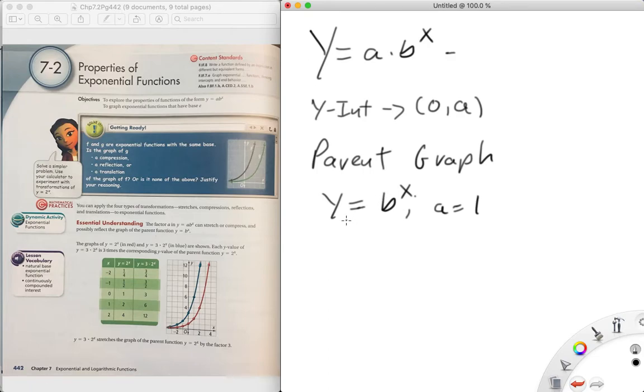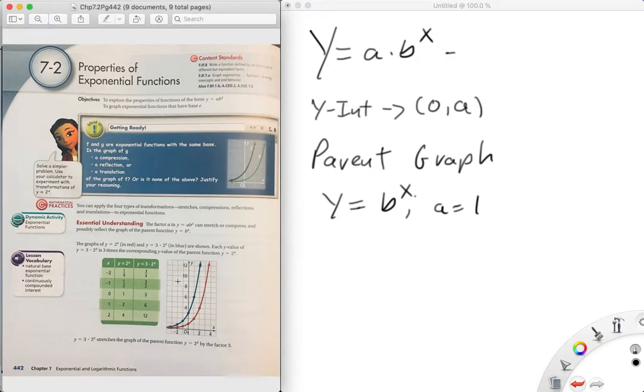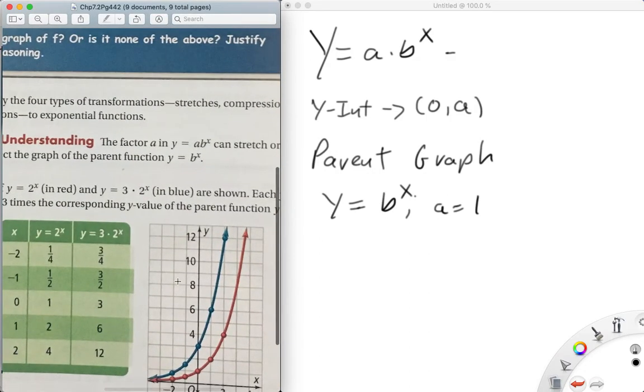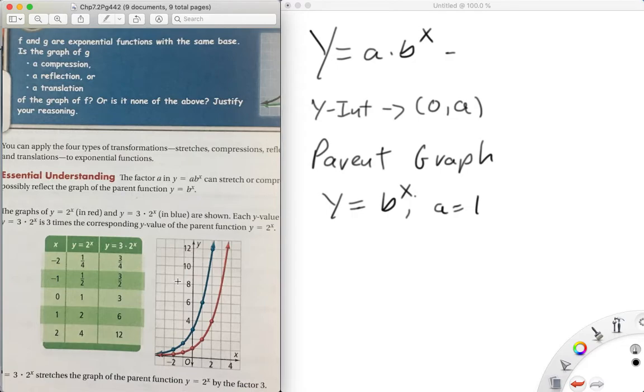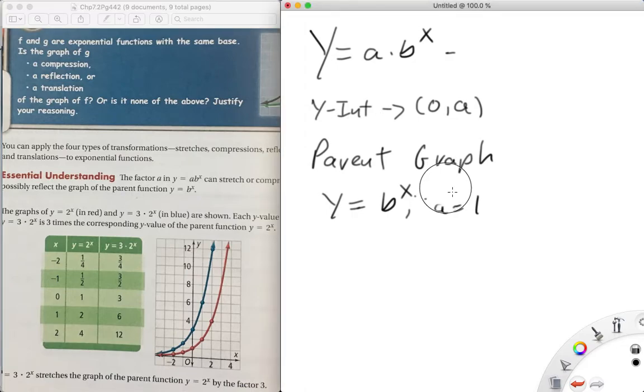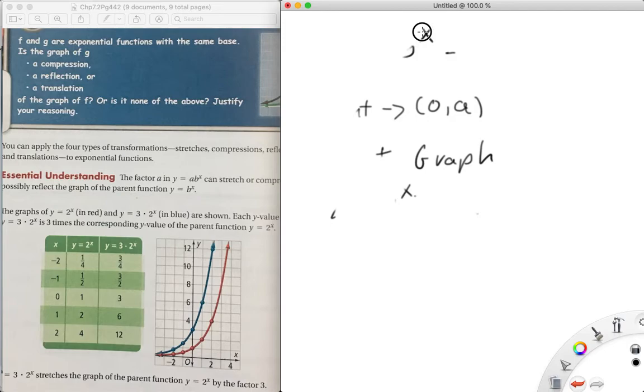And what we're going to do is make comparisons of a graph in exponential form to its parent graph to see any differences in repeatable patterns. The first example that they give here is that they have a graph and they have a parent graph.